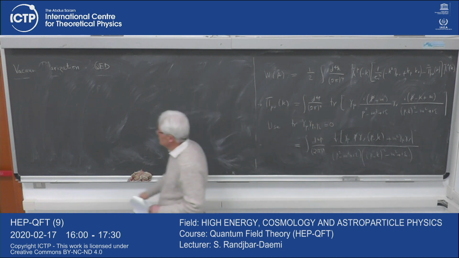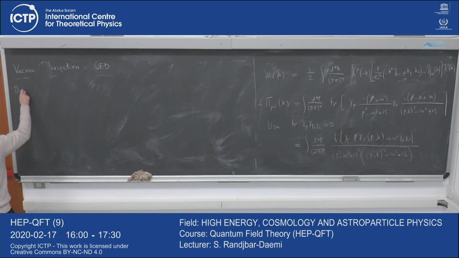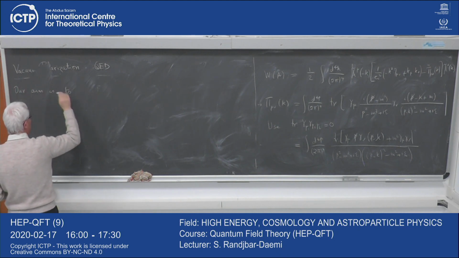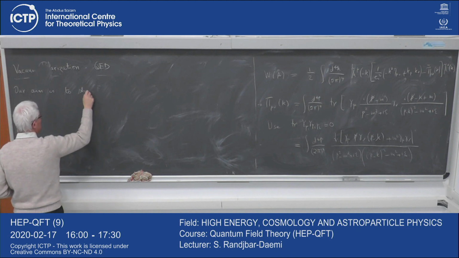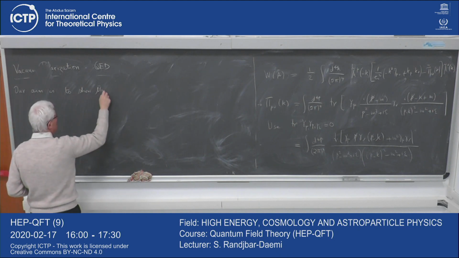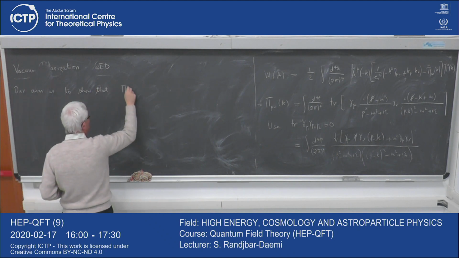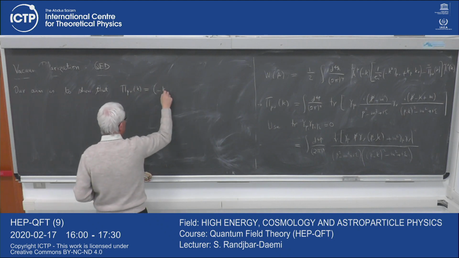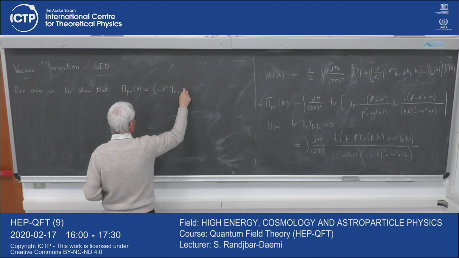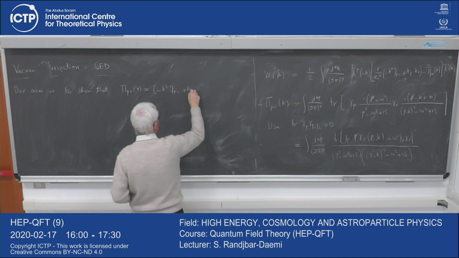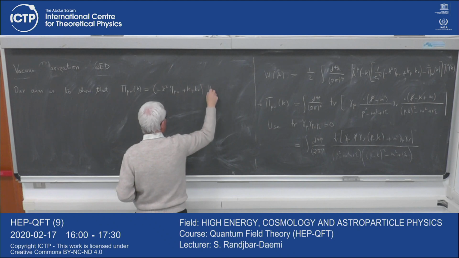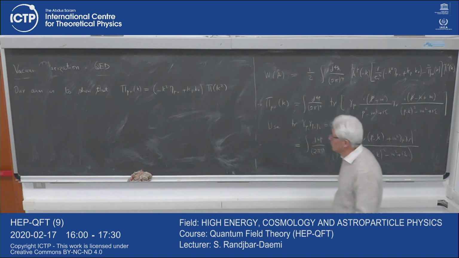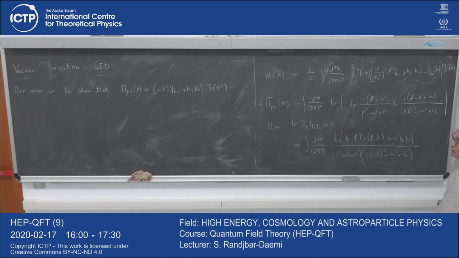So this is one of our aims, to show that Pi mu nu of k equals the same tensorial structure that you have in the free case times a scalar function, not Lorentz invariant, a scalar function of k squared.